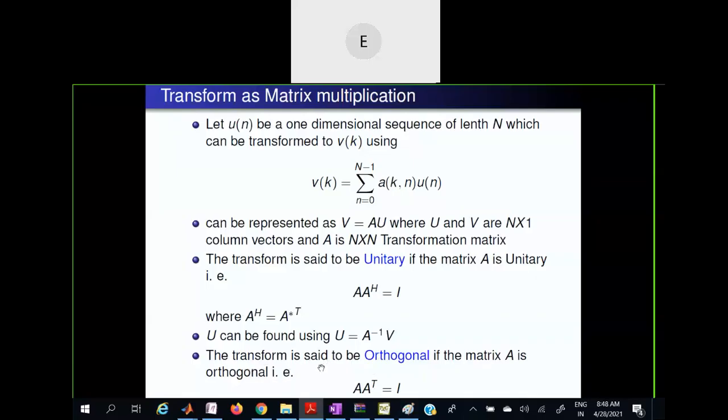So again, the advantage is if the transform is an orthogonal transform, finding the inverse is just a transpose of the matrix. Then your job is very simple and the time consumed will also be very less. This is the advantage if the transformation matrix satisfies some properties.